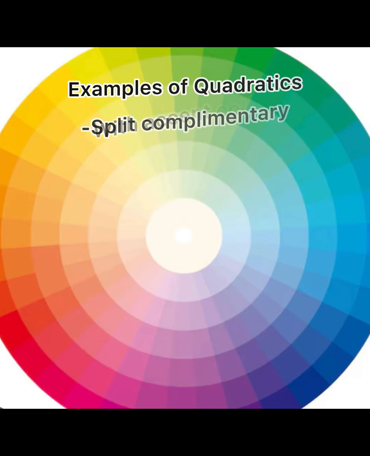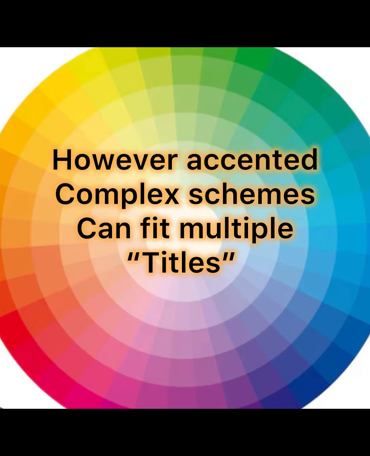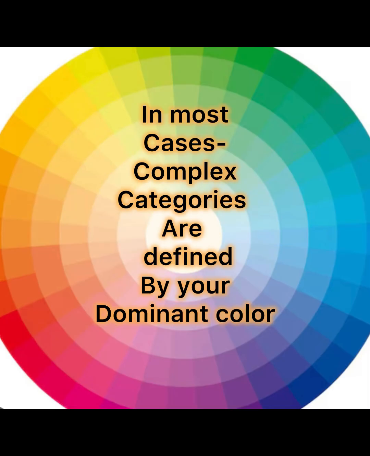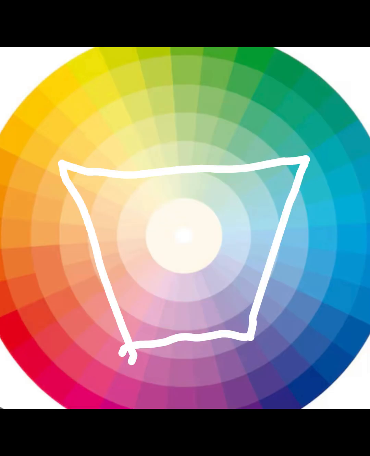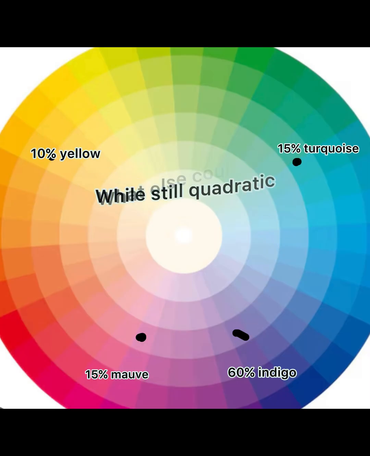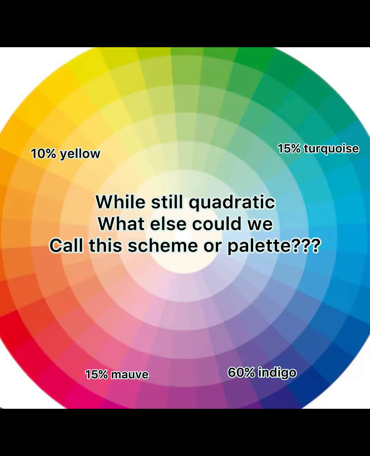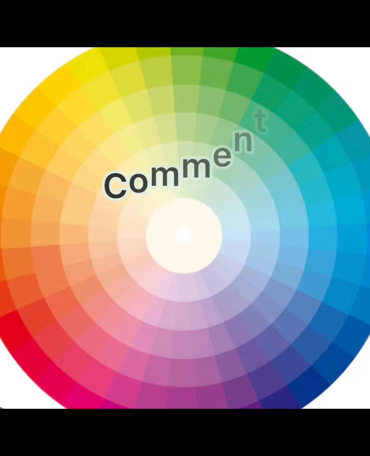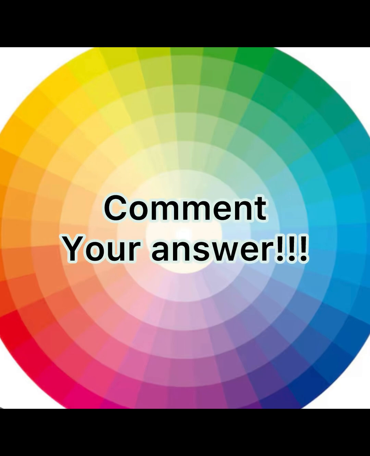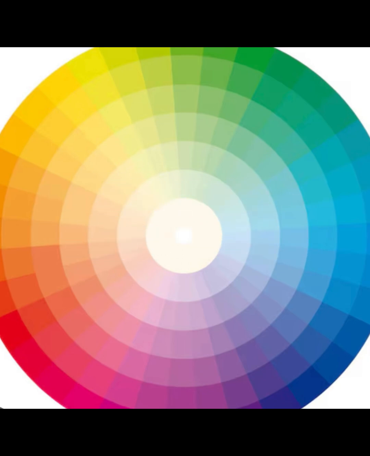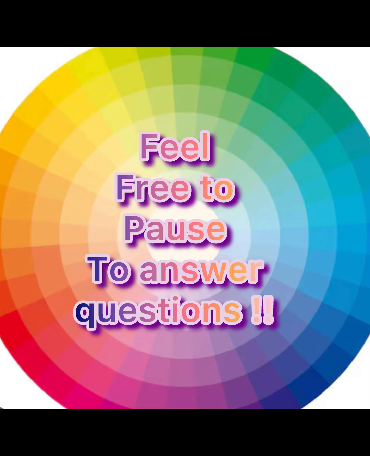Some examples are split complementary with accent colors, but keep in mind that some things can fit more than one title, and it kind of becomes defined by your dominant color. Here's a great one: 60% indigo, 15% turquoise, 15% mauve, 10% yellow. Well, that's quadratic. It could also qualify as something else. I'm curious what your answers will be.